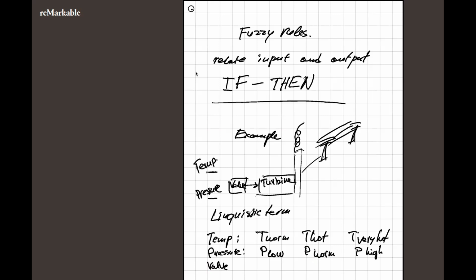So valve. So what is it? It's a knob. So we can turn it to certain degrees.